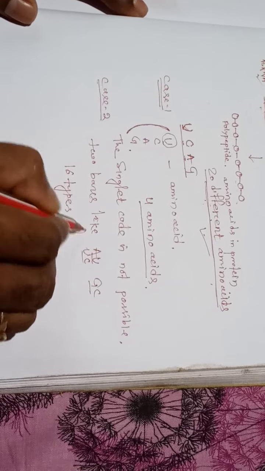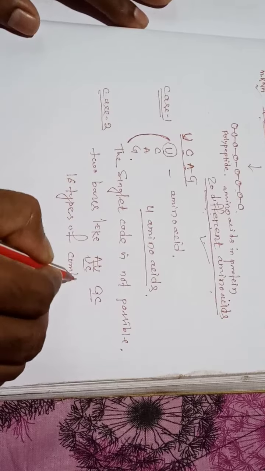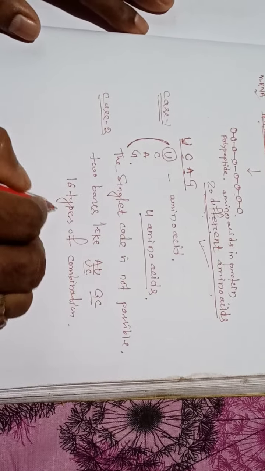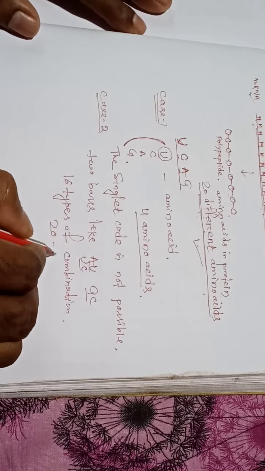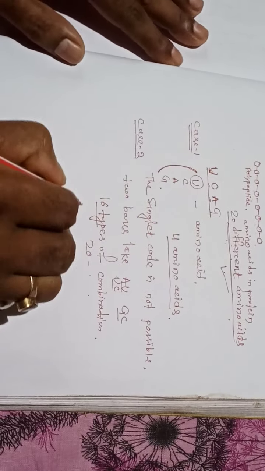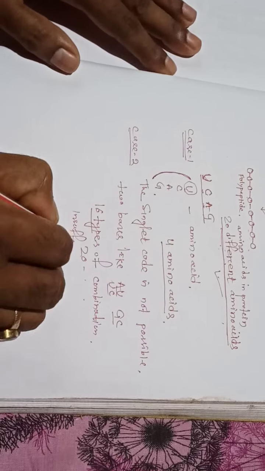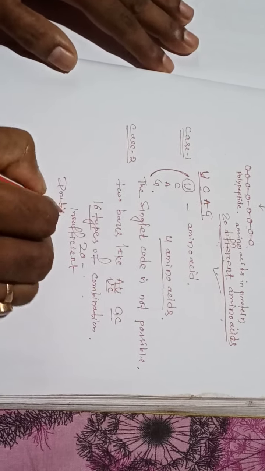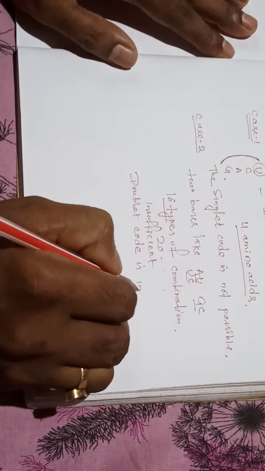Because we have 20 different amino acids, this is also insufficient. So the doublet code is also impossible.